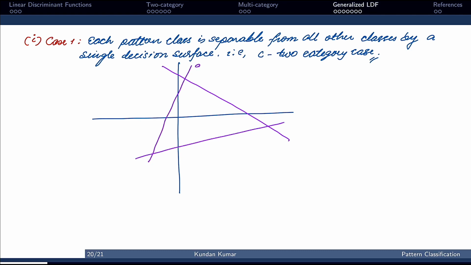Suppose we have these three discriminant functions g1(x), g2(x) and g3(x). We equate each to 0 for the decision boundary, and find the region in which one discriminant function is greater than 0 and the rest are less than 0. That means each pattern class is separable from all other classes by a single decision surface.